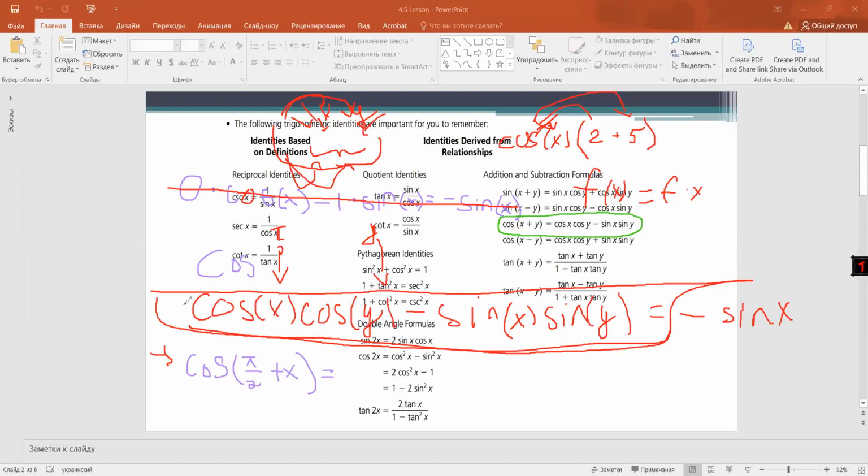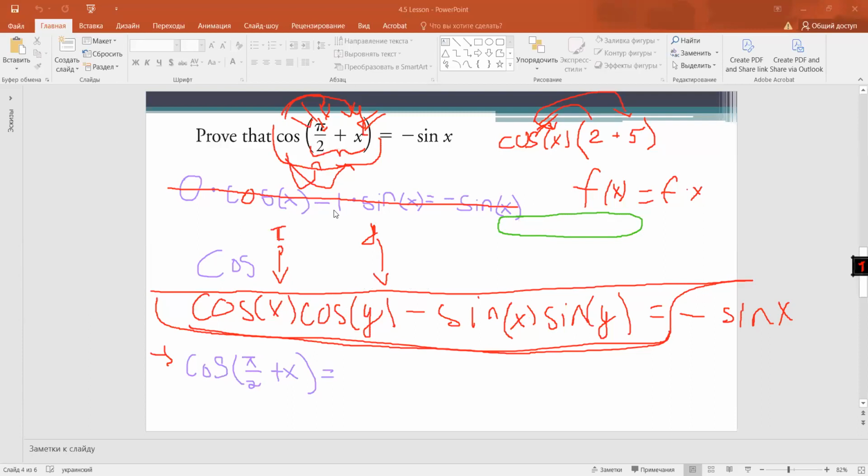Okay, this is the formula I wrote. Here, for x value you have pi over 2, and instead of y value, you have x, right?